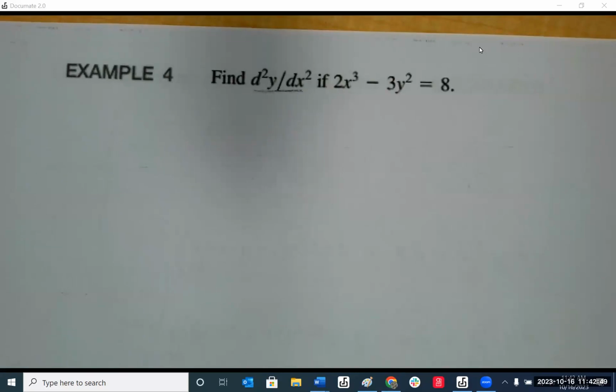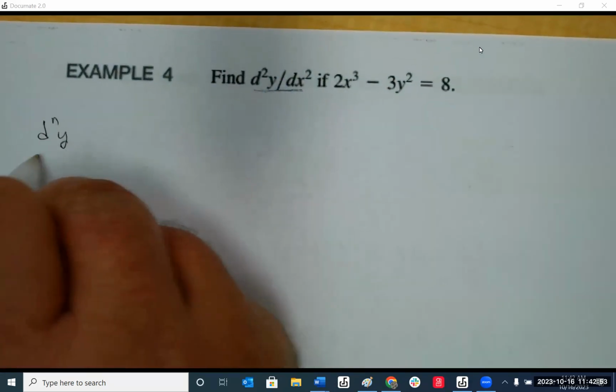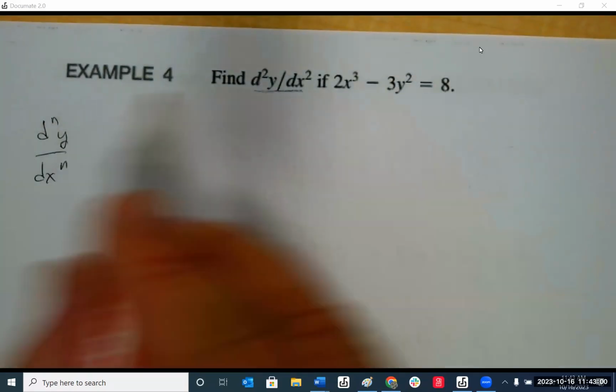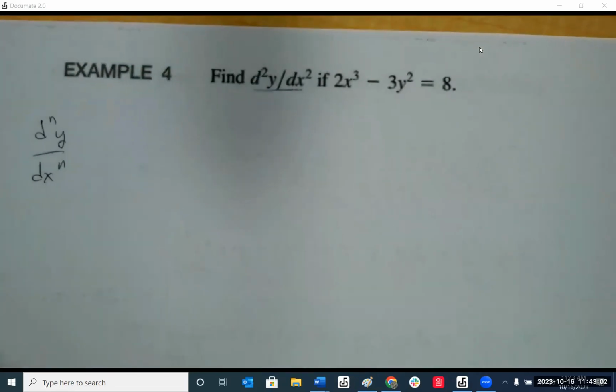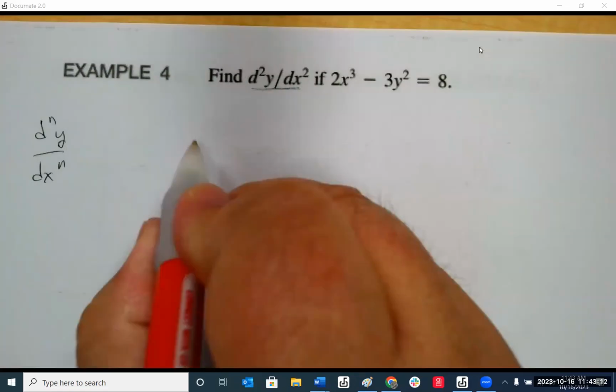Second derivative. Yes, because whenever you have that, that's the nth derivative. So we have to find the second derivative. It sounds simple, but we usually have to find the first derivative to put into the second. So let's look at this.